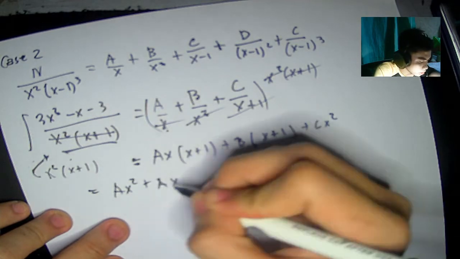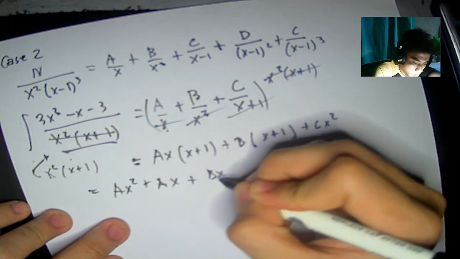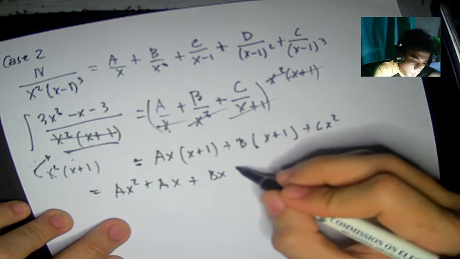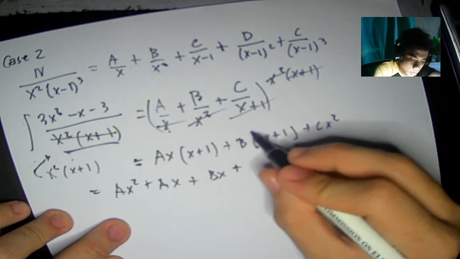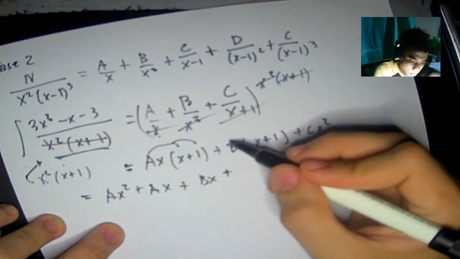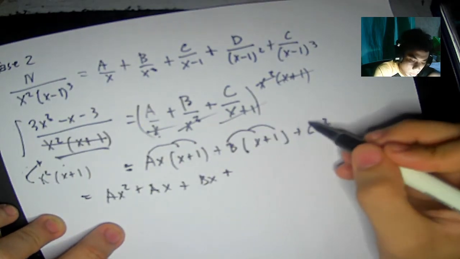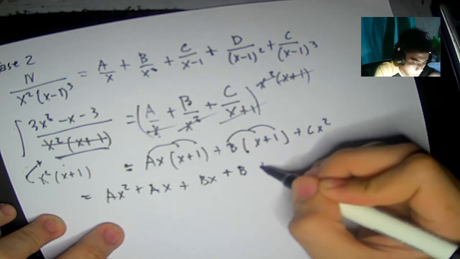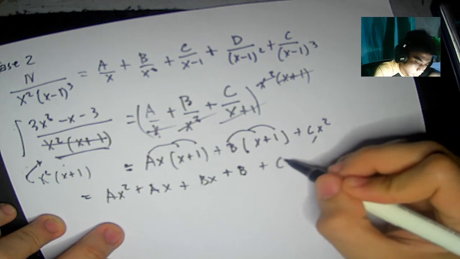We'll just put ax here plus bx. I did this for clarity. So we have bx plus b plus, just copy, cx squared.